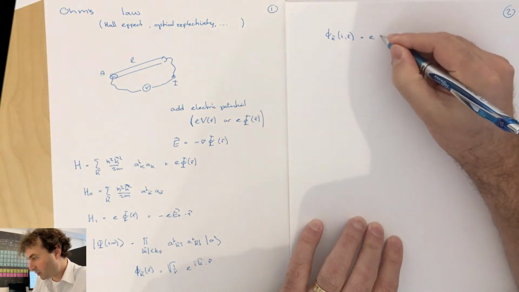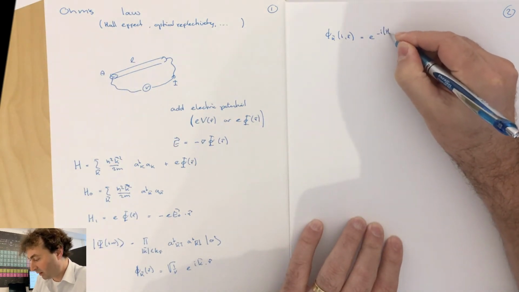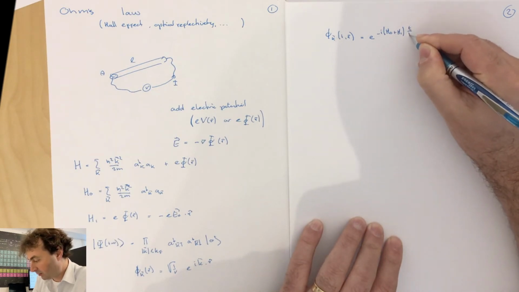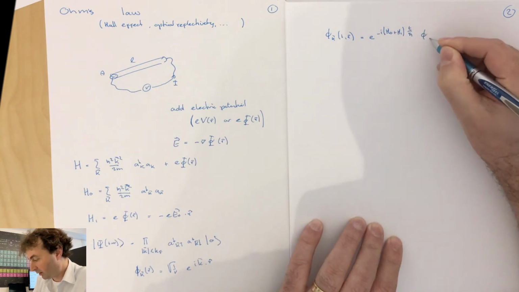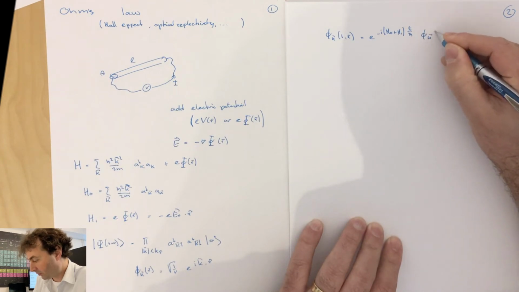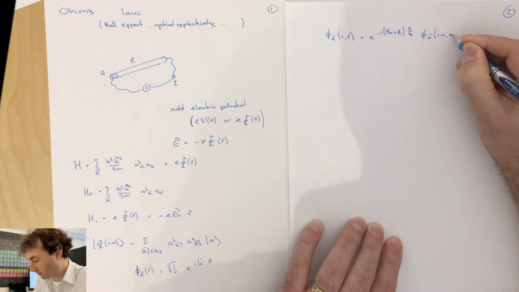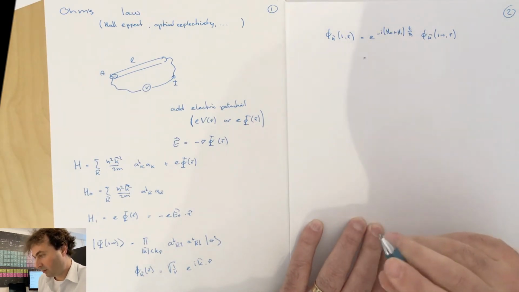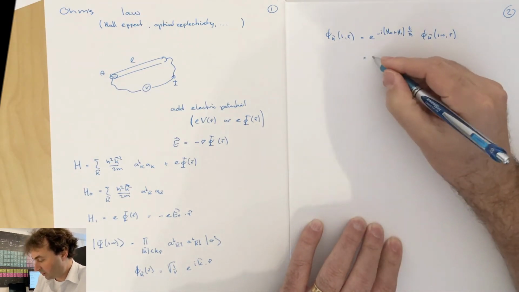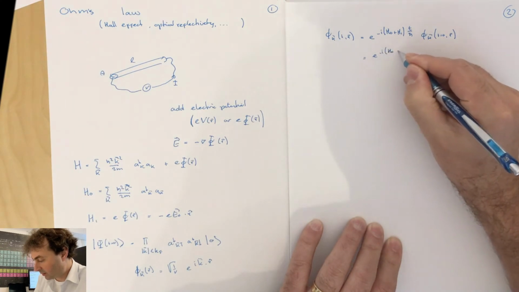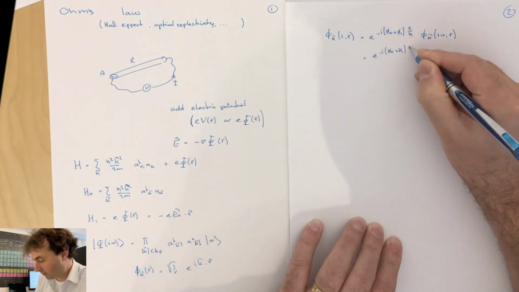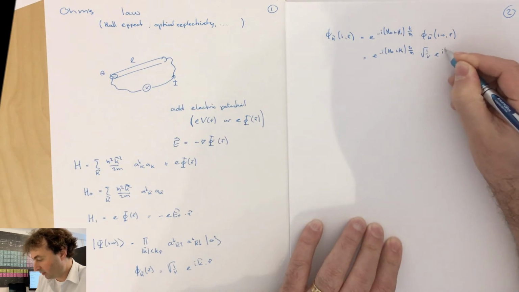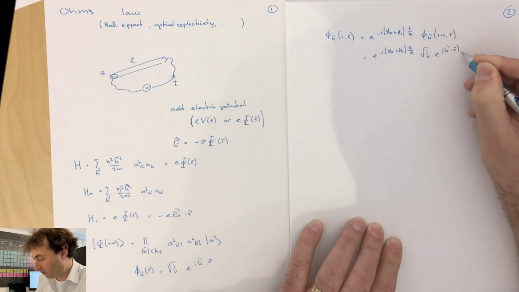And the time evolution is e to the minus i (H0 plus H1) t over h bar, acting on the wave function at t equals 0, which is square root of 1 over V, e to the i k dot r.